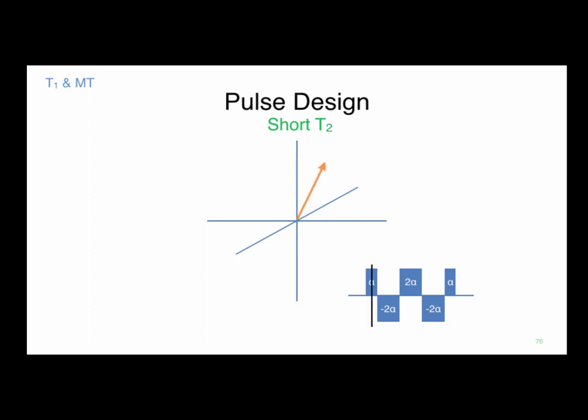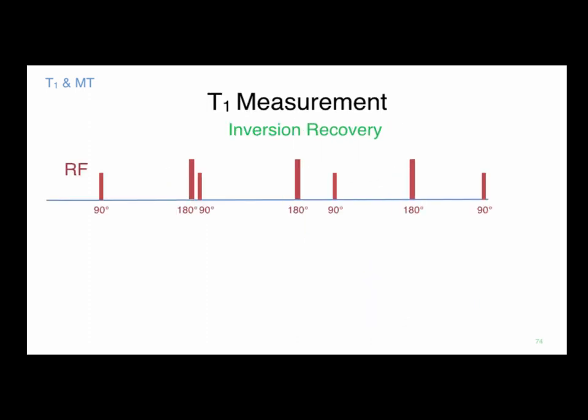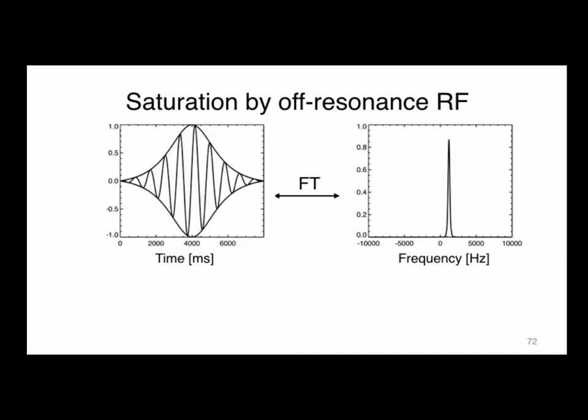So there are two ways to saturate macromolecular spins. We go back a little bit to this slide. The classic way is to just take one pulse at an offset frequency far away from the water. The idea is that you saturate macromolecular spins that have a short T2 and therefore a very broad spectrum.